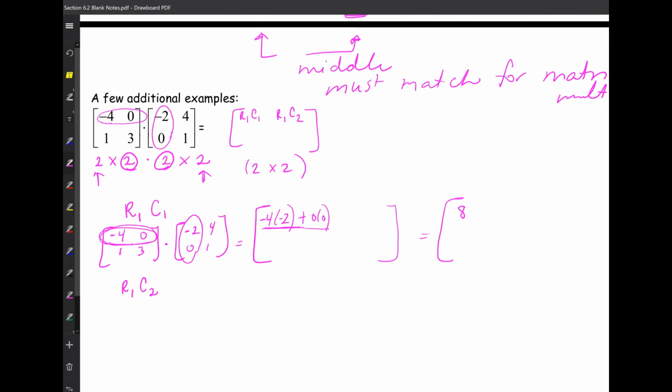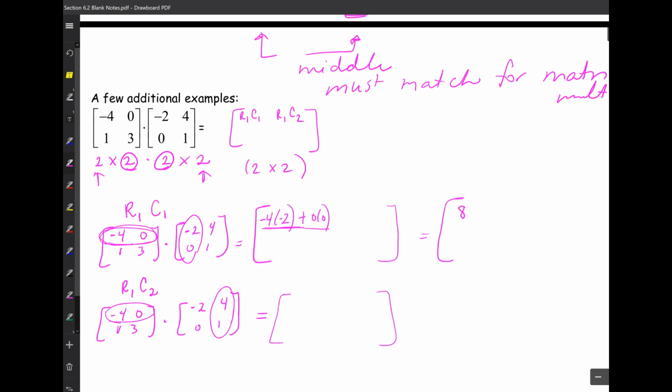Rewrite -4, 0, 1, 3 multiplied by -2, 4, 0, 1. If we're finding the element in row 1, column 2, we take row 1 and multiply it by the corresponding elements in column 2, and we will obtain the element that will exist in row 1, column 2.